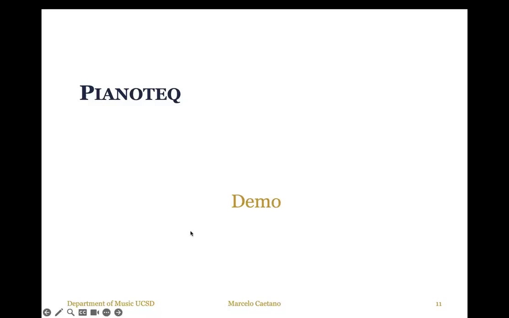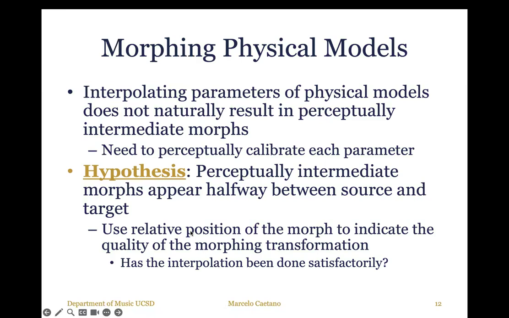All right, so when morphing physical models, we are interpolating the parameters of those physical models, but that does not naturally result in perceptually intermediate morphs because of how those parameters capture different either physical or acoustical or musical properties. So there's a need to perceptually calibrate the interpolation of each one of those.